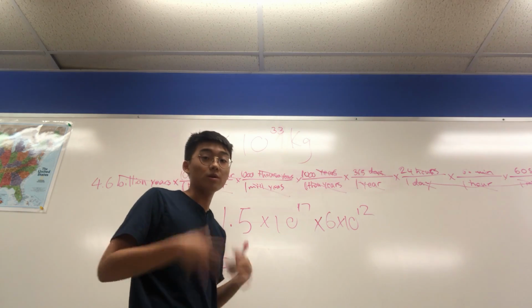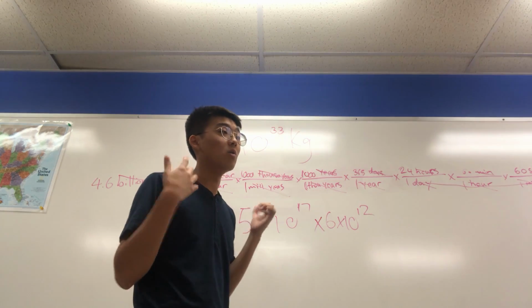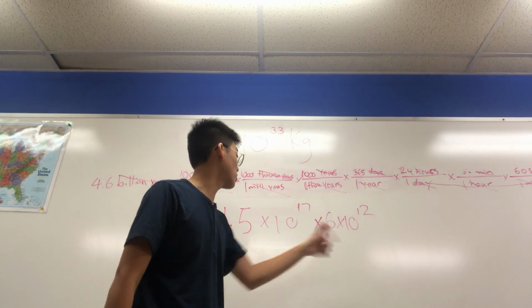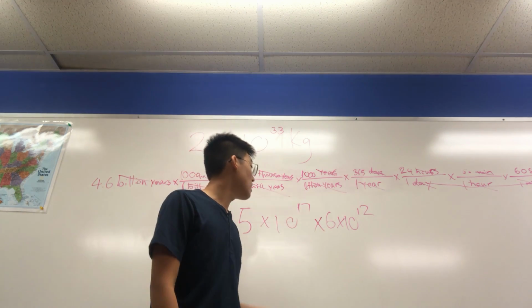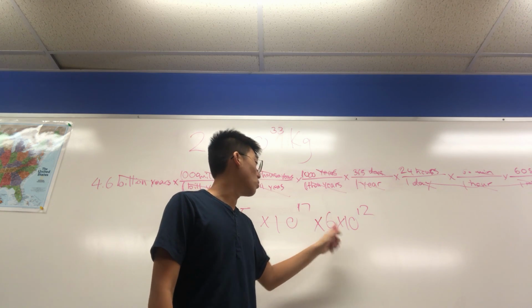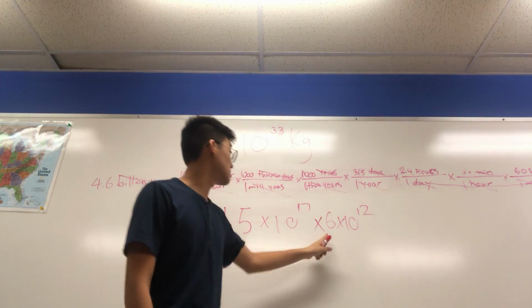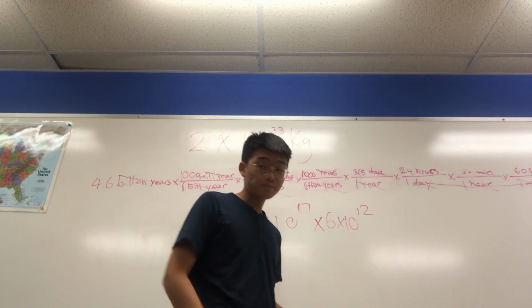And now, in order to get the total weight that the sun loses, you just gotta multiply 1.5 times 10 to the 17th by the amount of weight that the sun loses per second, which is 6 times 10 to the 12th.